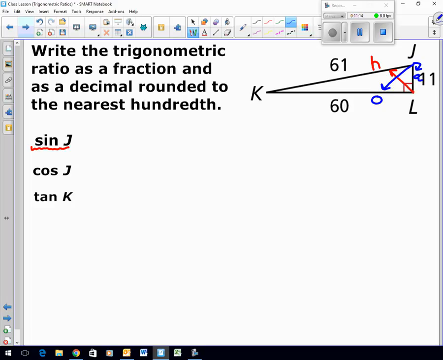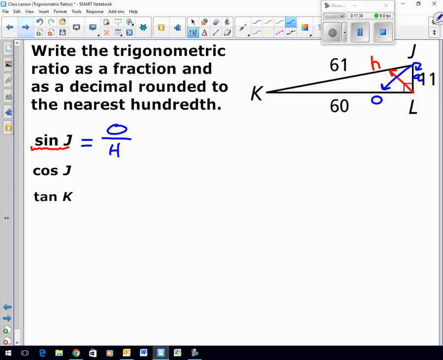What is the sine ratio? Sine of J is opposite over hypotenuse.